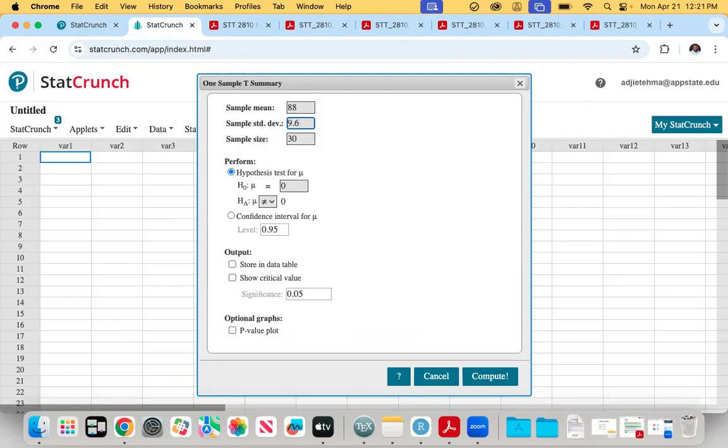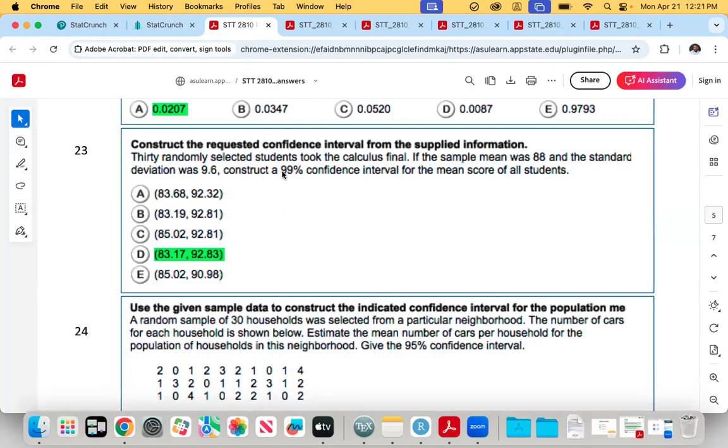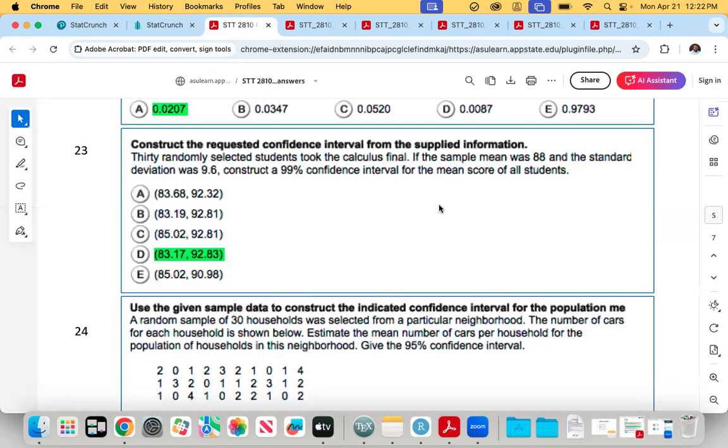I am not interested in hypothesis, so I click on the confidence interval because that is what I am asked to find. I am asked to construct a 99% confidence interval. So you see, I click on that. Now, be very careful. You have to change this to match this. Is that okay?